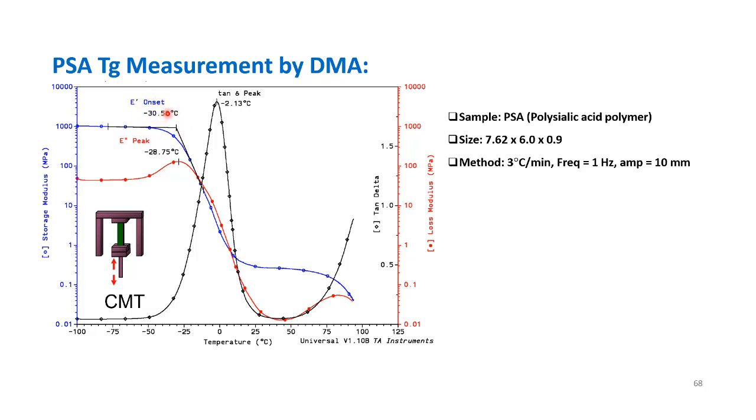So the Tg is changing, but also we can get different Tgs with different properties. Here the sample was the polysialic acid polymer, and the method was a 3-degree rise in temperature. The frequency was kept at 1 hertz and amplitude of 10 mm. So likewise, we can get the information of our sample.